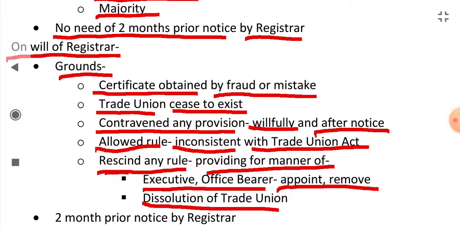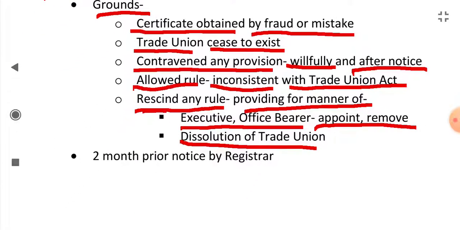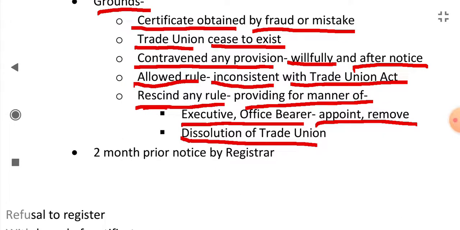Then the registrar can cancel the registration. For this, the registrar has to give 2 months prior notice.